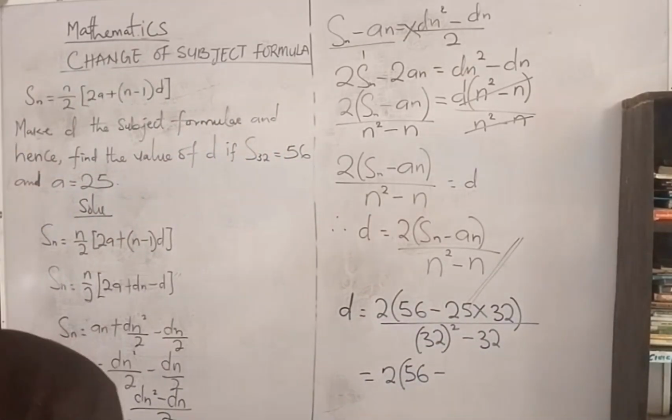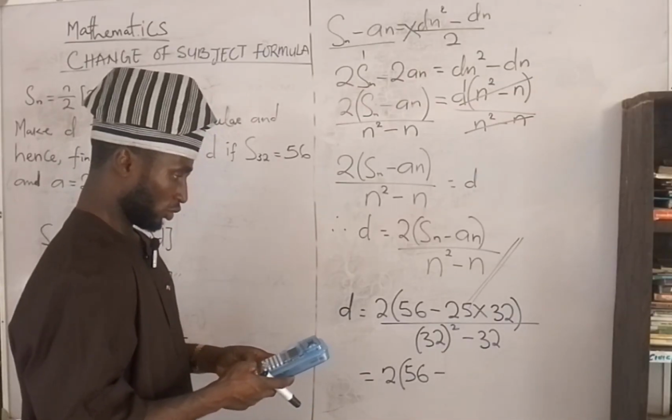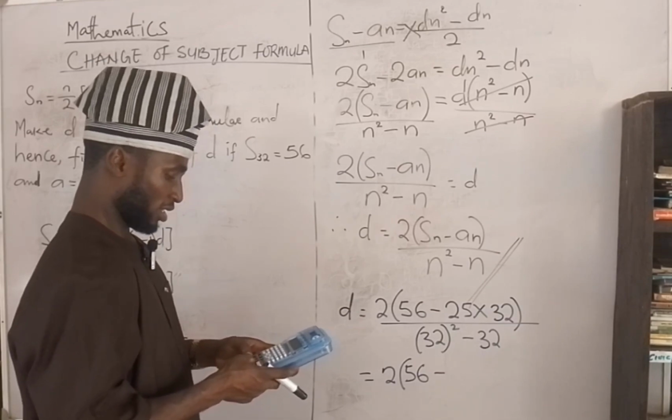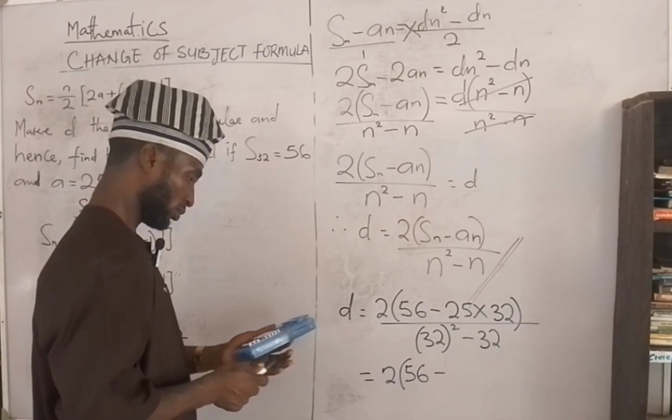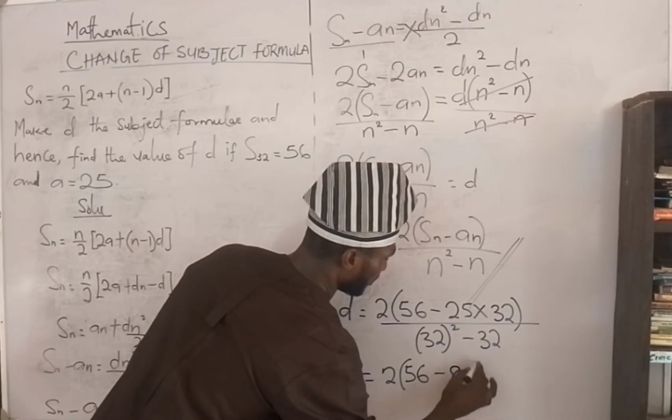Let's use calculator to simplify that. 56 minus 25 times 32, that's minus 744.